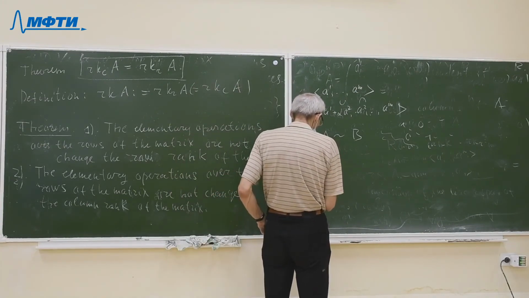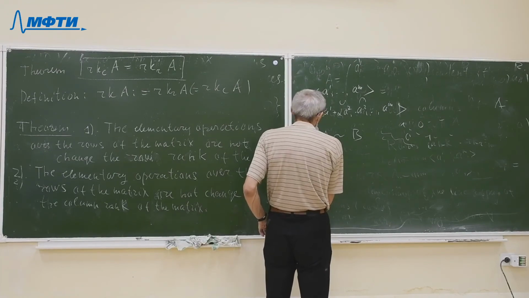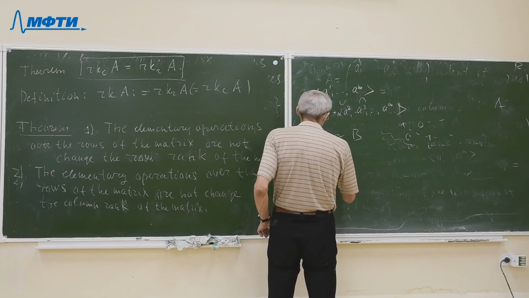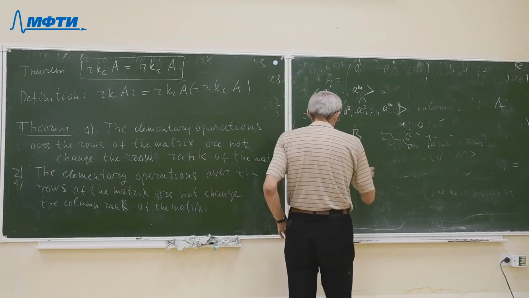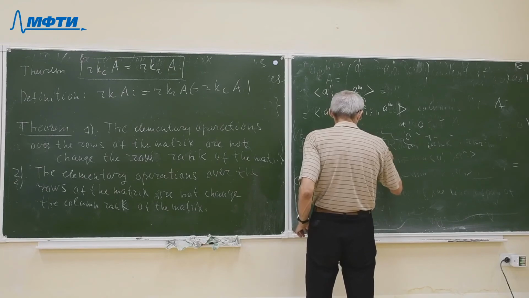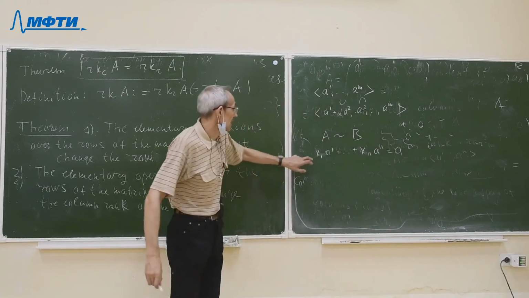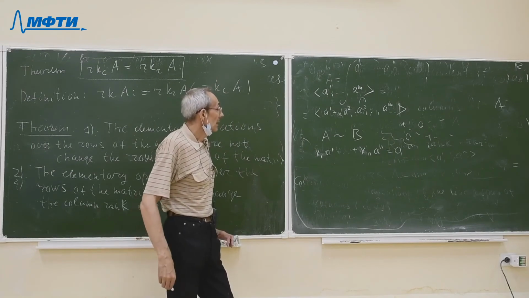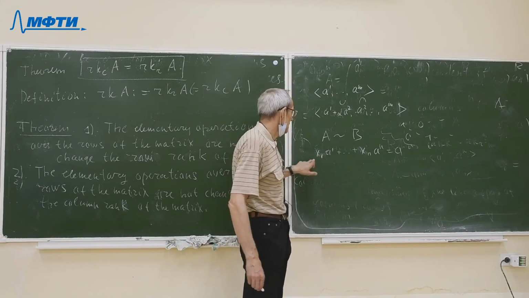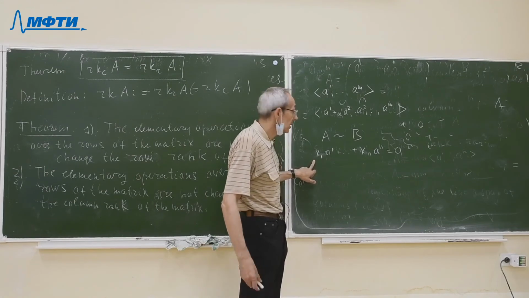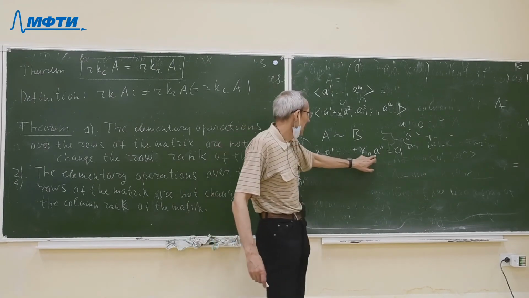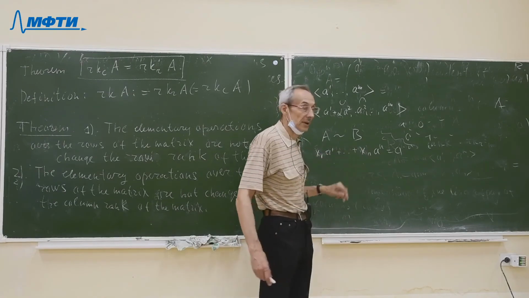If we have a linear combination of the rows with some coefficients x1, ..., xn, I can consider this n-tuple x1, ..., xn as a vector x of coefficients, and I have another vector with elements a1, ..., an.